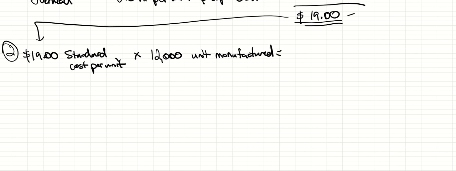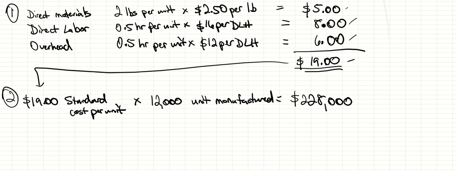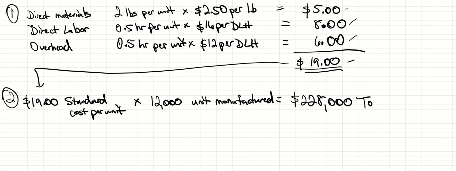Okay, so if I do the math, $19 multiplied by 12,000, that's going to give us $228,000, and that's our total budgeted cost. So number 1 and 2, this is only focused on budgeted cost.